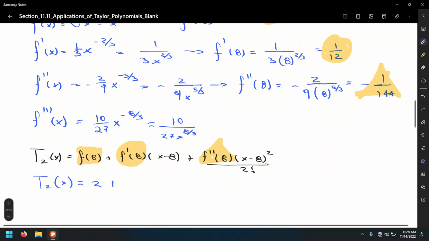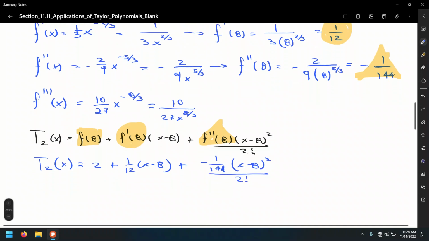That's a 2 plus 1/12 times x minus 8 plus negative 1 over 144 times x minus 8 to the second power, the whole thing over 2 factorial. Let's simplify the negative 1 over 144 over 2 factorial. By the way, 2 factorial is 2, and dividing by 2 is essentially the same as multiplying by 1/2.